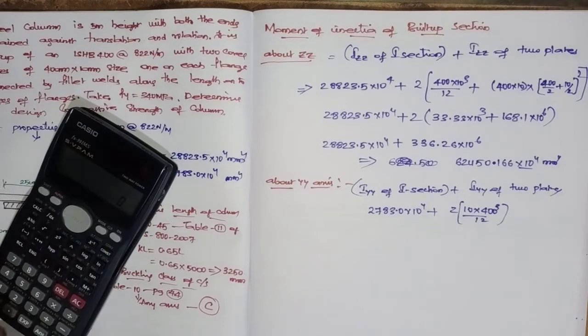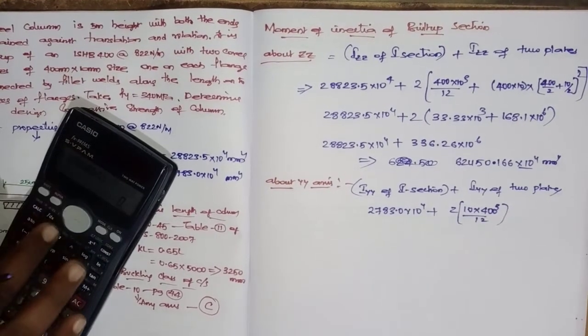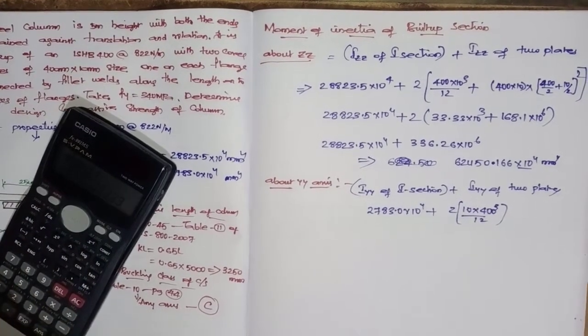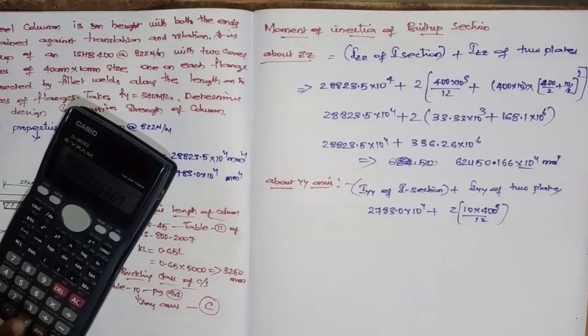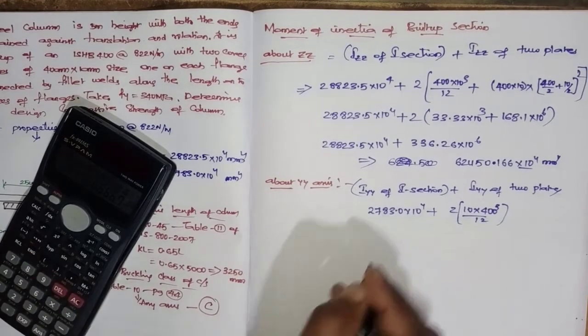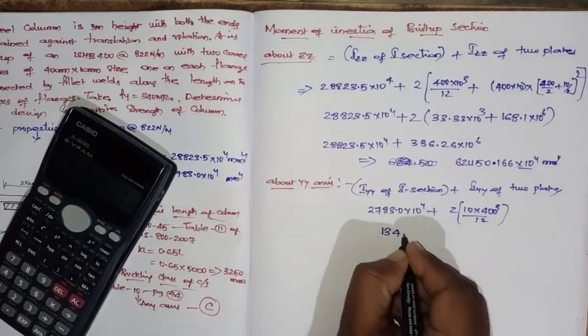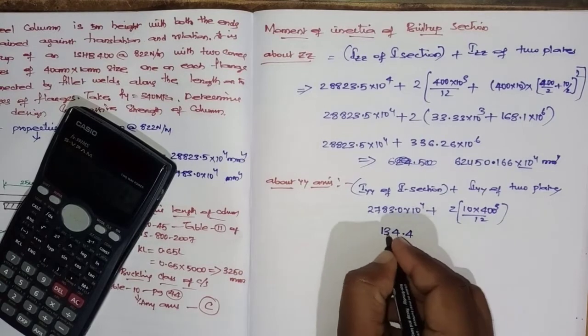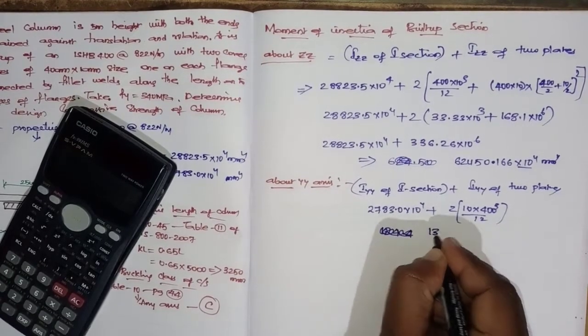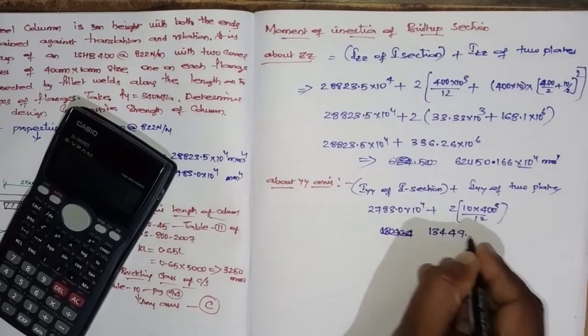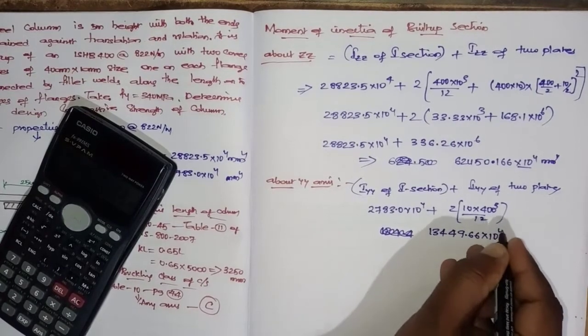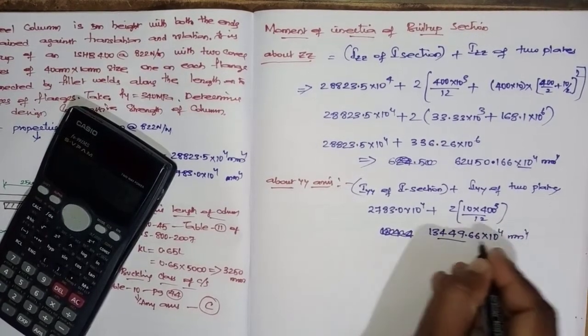So 10 into 400 cube divided by 12 into 2 plus 2783 into 10 power 4. So how much you got? 13449.66 into 10 power 4 mm power 4.